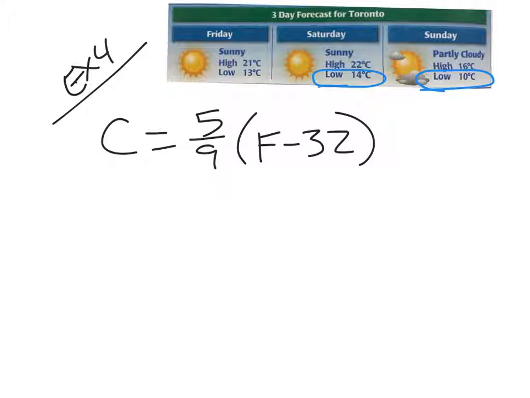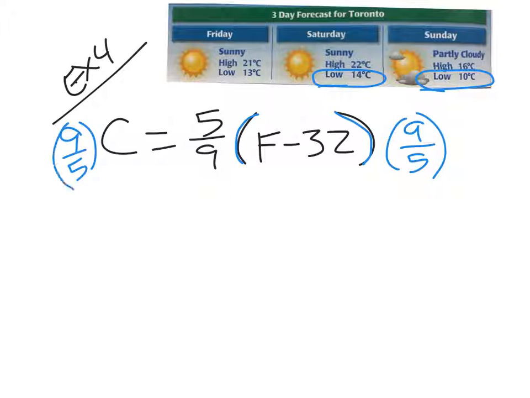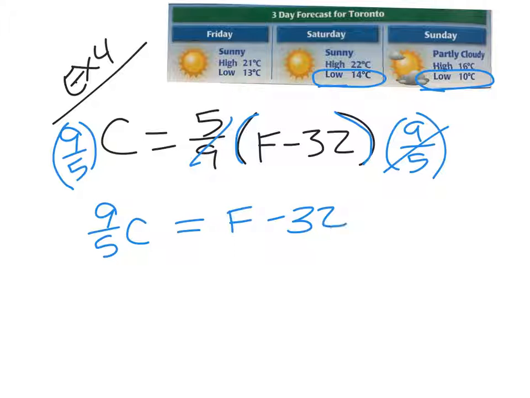I'm going to try and push your brains here. What do you think? This means what? Divided by 5/9. Good. And since it's a fraction, you're actually going to flip it and multiply. So I have 9/5 Celsius equals F minus 32.